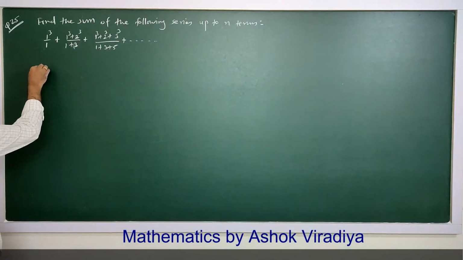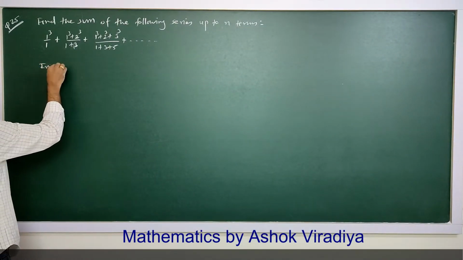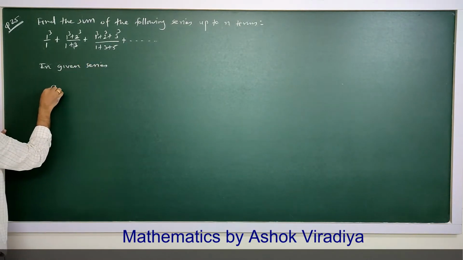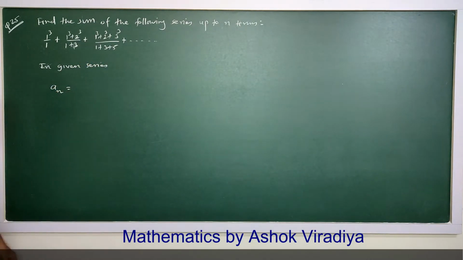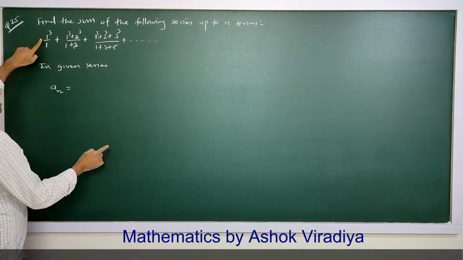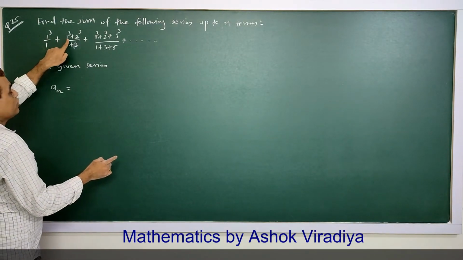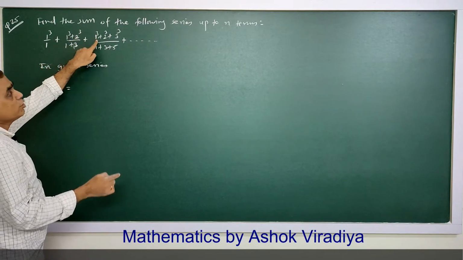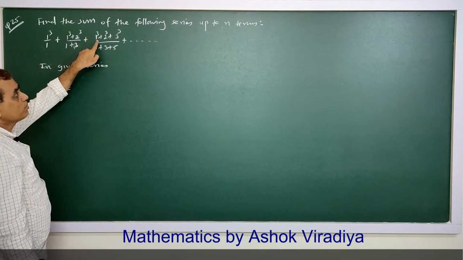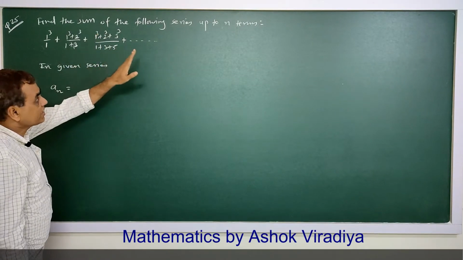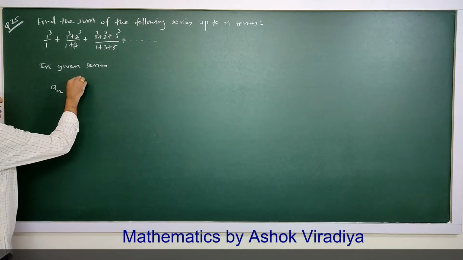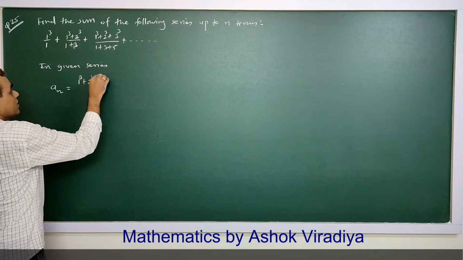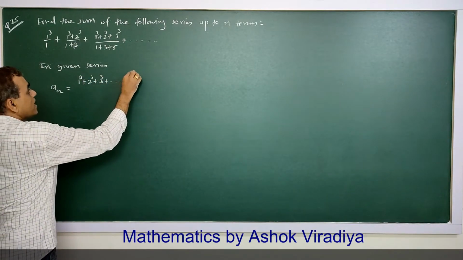So in the given series, the nth term is: first term is 1 cube, second term numerator is 1 cube plus 2 cube, in third term numerator is 1 cube plus 2 cube plus 3 cube. So similarly in the nth term numerator will be 1 cube plus 2 cube plus 3 cube plus up to n cube.